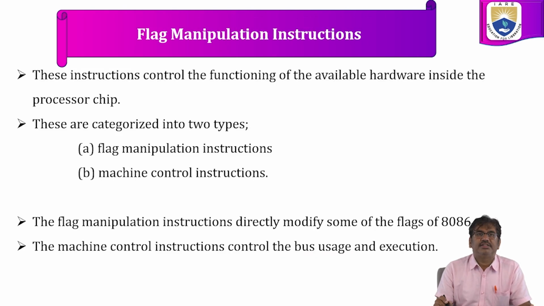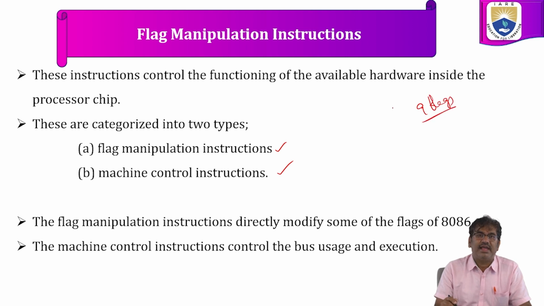The next category is flag manipulation and machine control instructions. These instructions control the functionality of the available hardware inside the processor chip. These are categorized into two types: flag manipulation instructions and machine control instructions. The flag manipulation instructions directly modify some of the flags of the 8086. In the 8086, in total we have 9 flags.